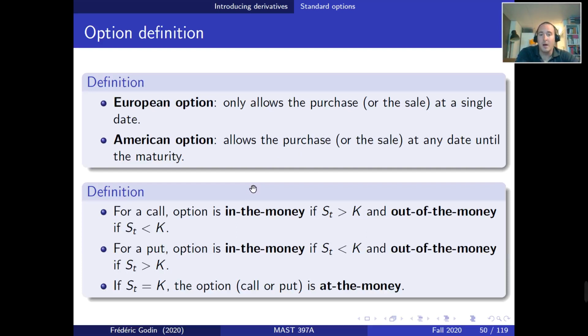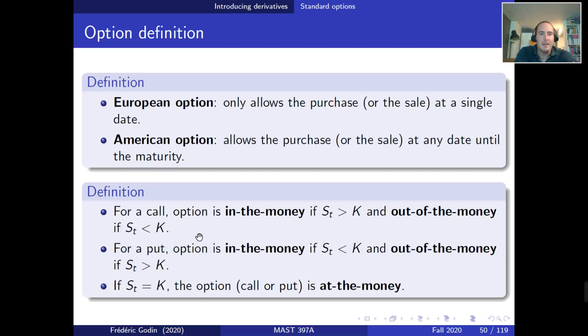Some more terminology. For a call option, an option is said to be in the money if the current value of the underlying asset is greater than the strike, or out of the money if the underlying asset is smaller than the strike.